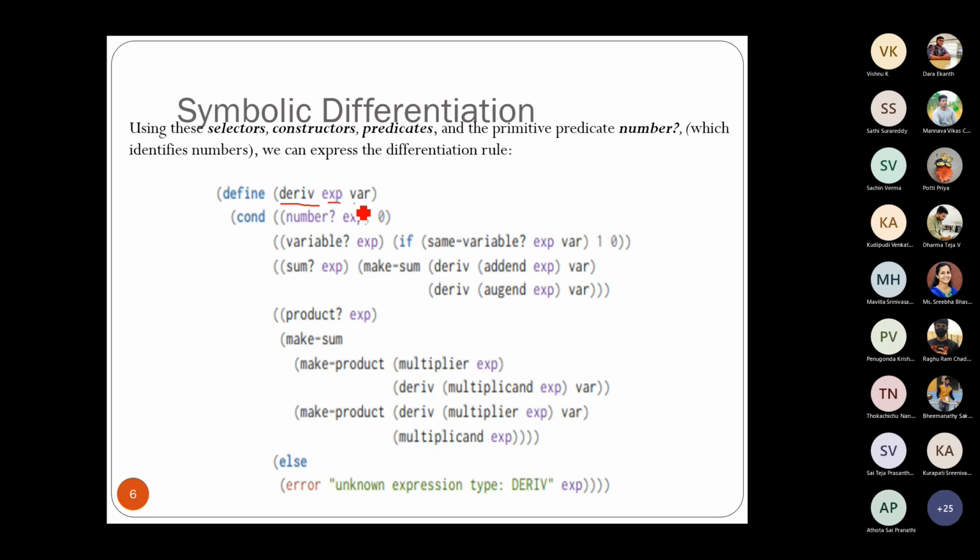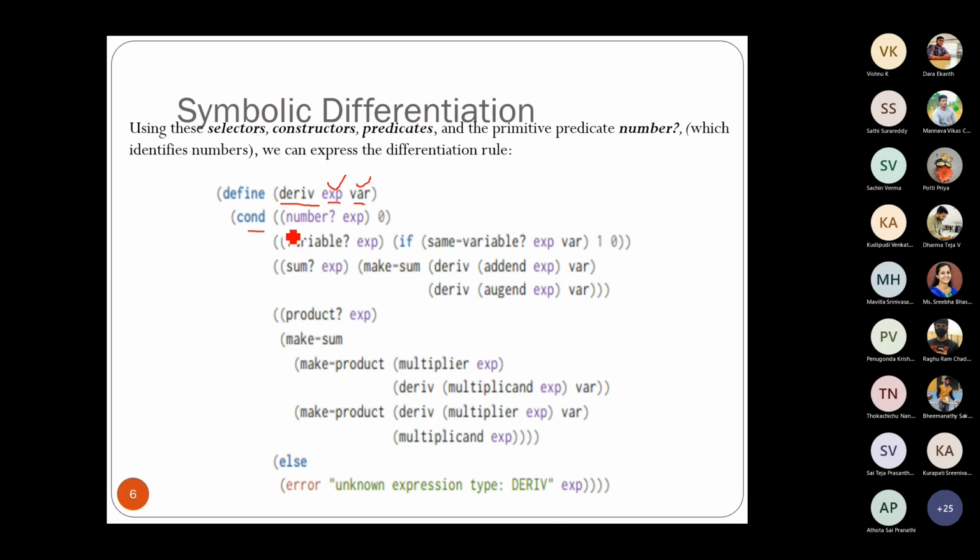One is the expression, another one is the variable with respect to which you have to differentiate the given expression. So the second argument is the variable with respect to which you differentiate, and the first argument is the expression to be differentiated. Okay. So inside we are using the cond, so there are multiple cases coming up.